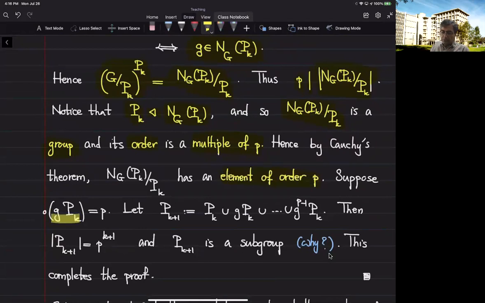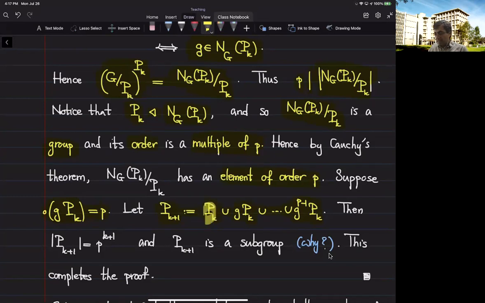So suppose this coset is of order P. Then let P sub k plus 1 be the cosets that come from powers of G: P sub k, G P sub k, G squared P sub k, up to G to the power P minus 1 P sub k, and think about it as a subset of the group G. This subset, of course, contains P sub k, and its cardinality is the sum of these cardinalities because these are distinct cosets.